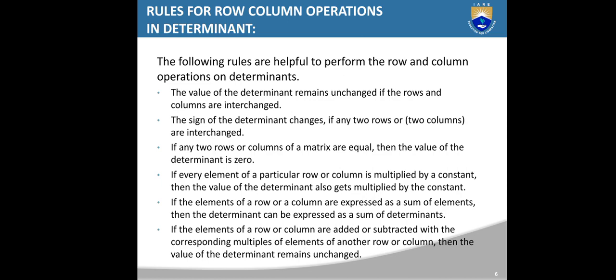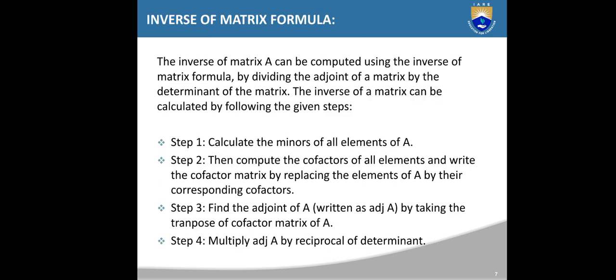If every element of a particular row or column is multiplied by a constant, then the value of the determinant also gets multiplied by the constant. If the elements of a row or column are expressed as a sum of elements, then the determinant can be expressed as a sum of determinants. If the elements of a row or column are added or subtracted with the corresponding multiples of elements of another row or column, then the value of the determinant remains unchanged.